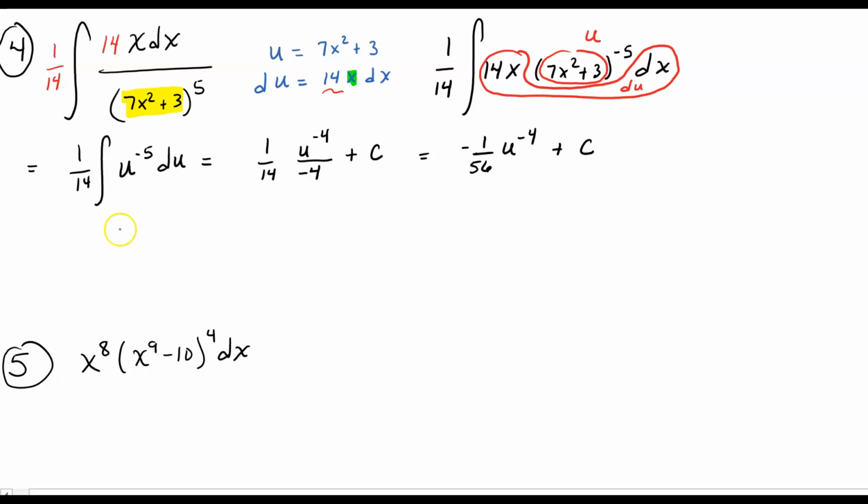And so I'm ready to back substitute. I'm going to say negative 1 over 56, and then instead of u to the minus 4, I'm going to write 7x squared plus 3 to the negative 4 plus my constant of integration, c.